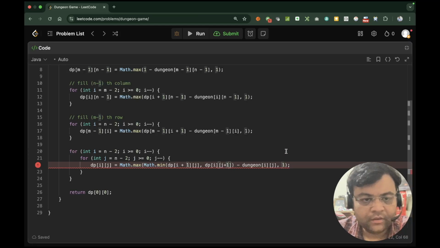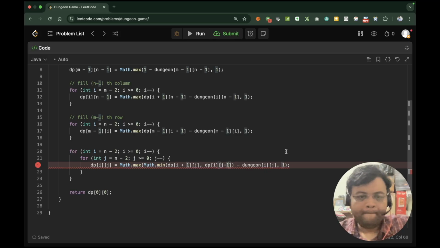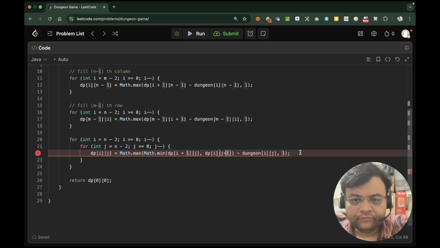Since we are saying i plus 1, j. i is equal to n minus 2, 0 to n minus 2, right? i is greater than or equal to 0, i minus minus, j equal to n minus 2, j is greater than or equal to 0, j minus minus.